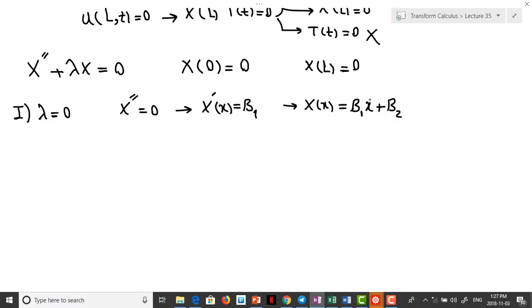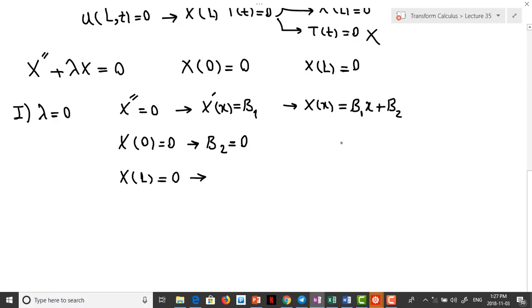Now I have to apply the boundary conditions. The first boundary condition says that X at 0 should be equal to 0. If I plug 0 in this equation, we have b2 equal to 0. The second boundary condition says that X at L should be equal to 0.